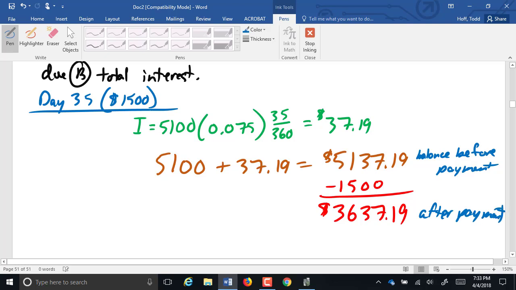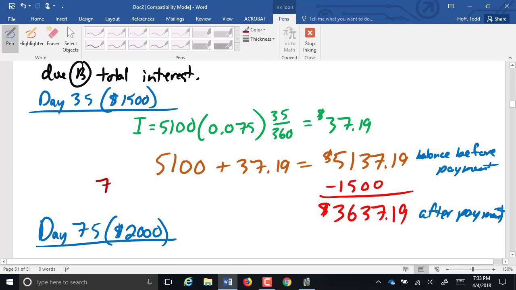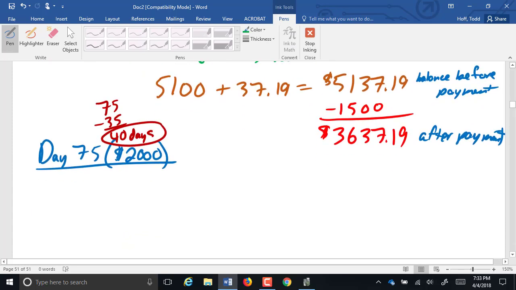Doing good so far? Okay. Next event is day 75. What happens there? A $2,000 payment. And yes, we do have to find the days. We subtract the 35 days that we already accounted for. That's 40 days. What do we do with that 40 days? You got it.